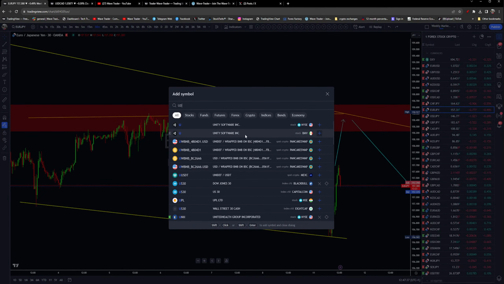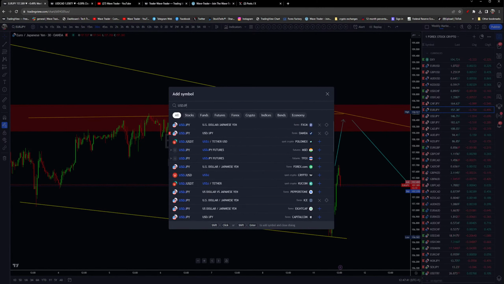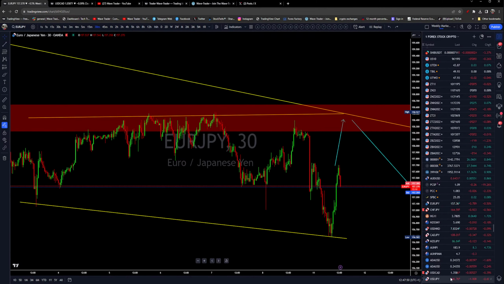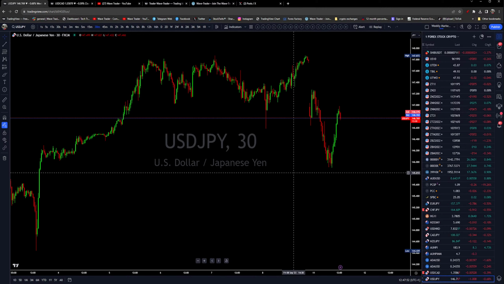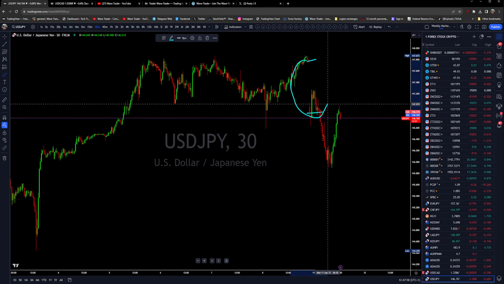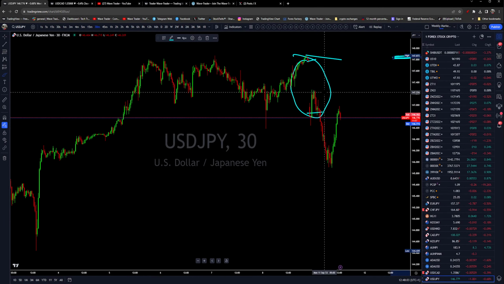Let's look at the dollar yen first. We're going to see that on FXCM, I think. There, you see that gap? This is a gap, and this might be a longer term gap, so we may not see price above that for the longer term.